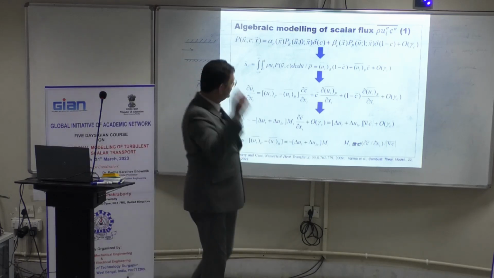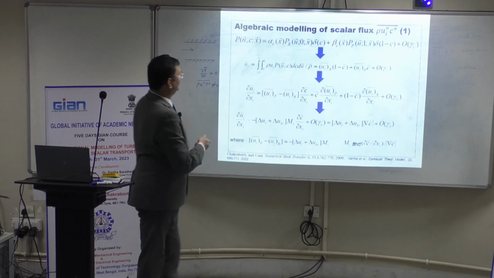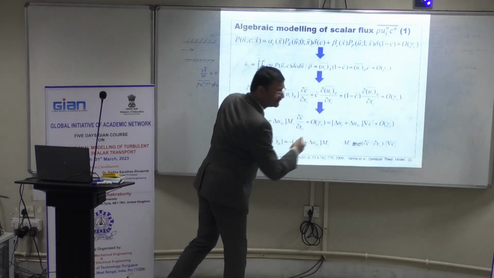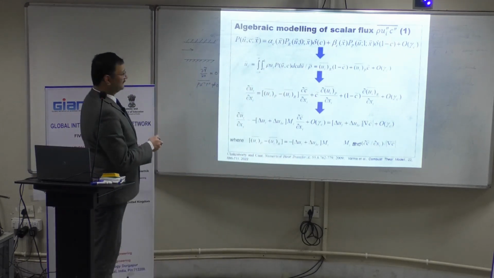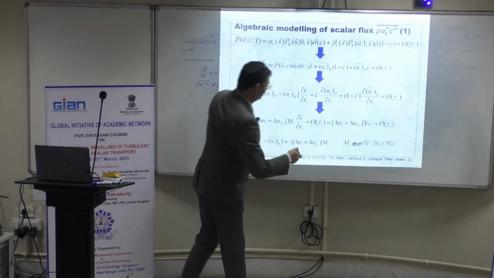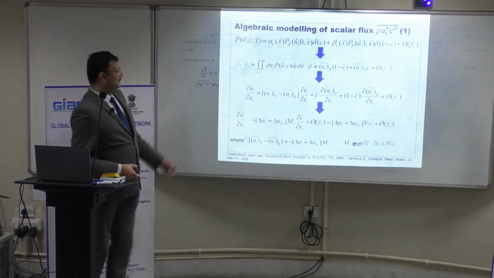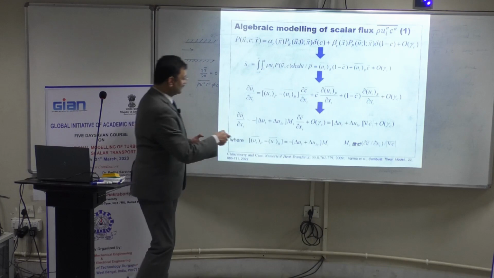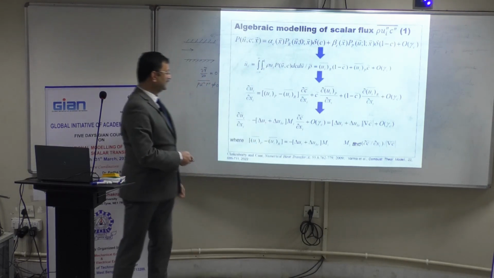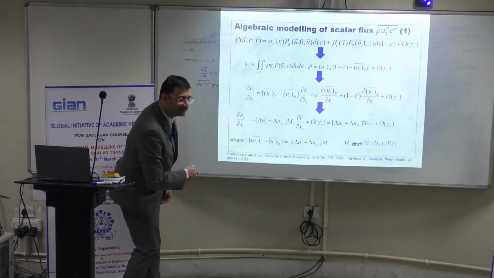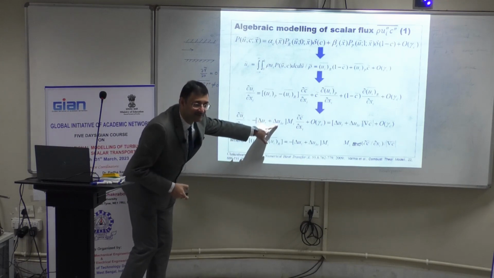Effectively, if you start with this, we get that, and then if you differentiate it, you will get this kind of thing. And what I did, I modeled this in this manner, where this part is the slip velocity because of turbulence, and this part is because of heat release.